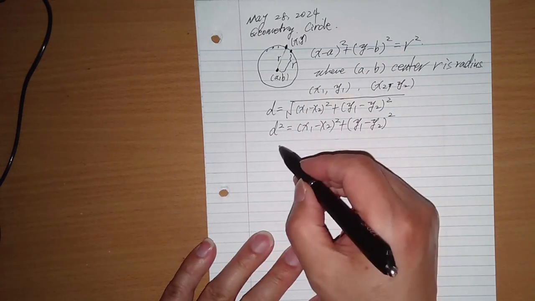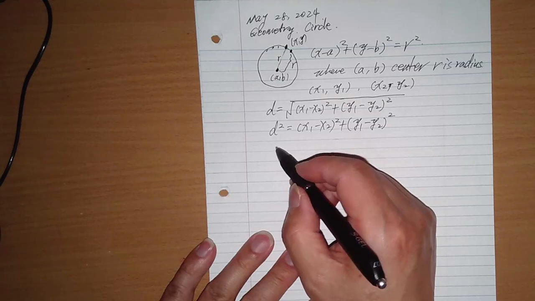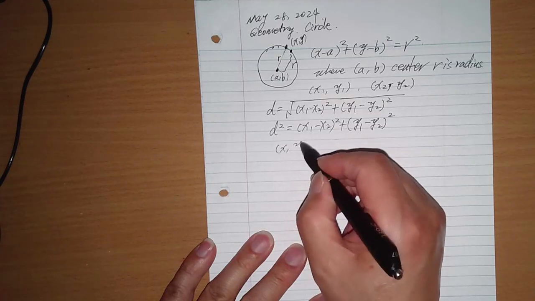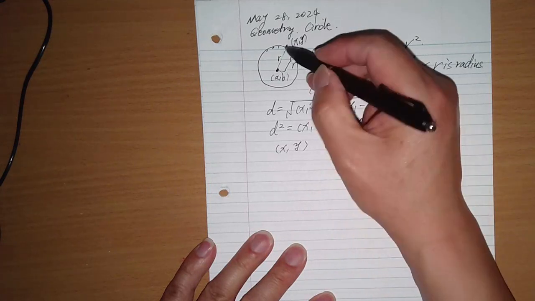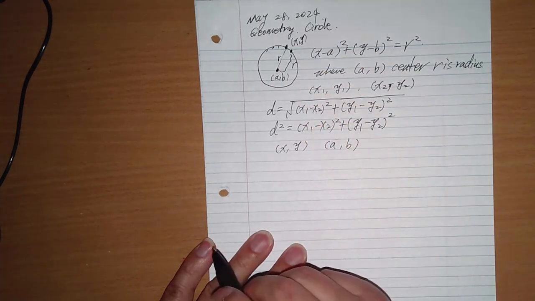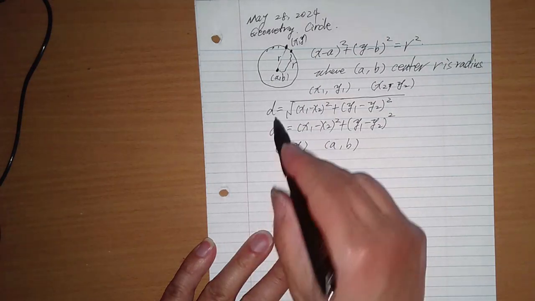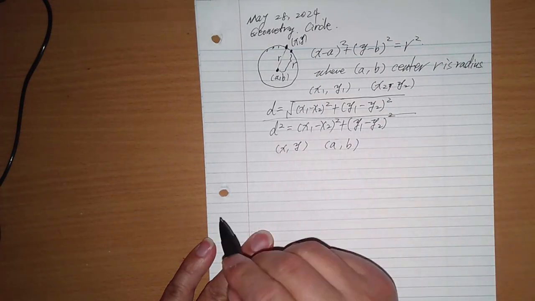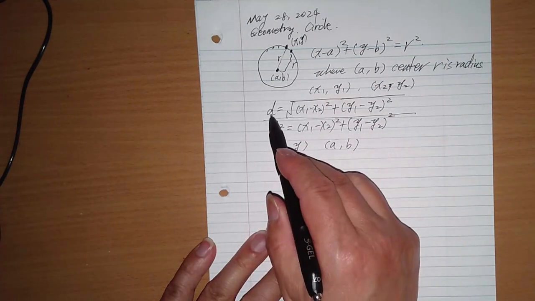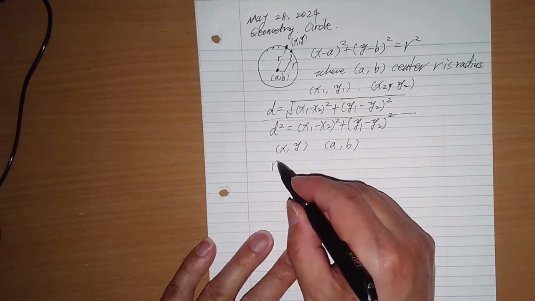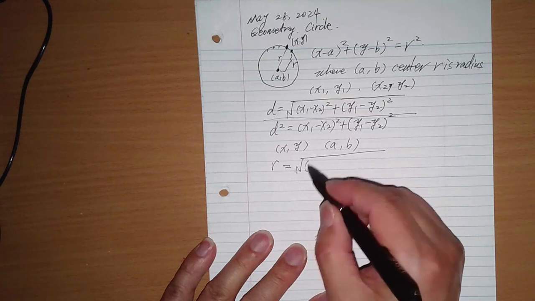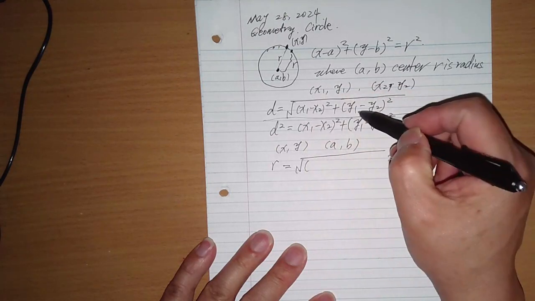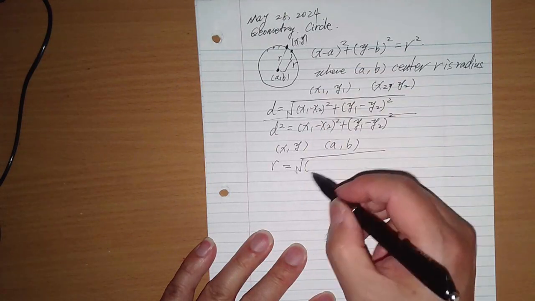So in other words, one point is going to be x, y, another point is going to be a, b, and the distance between them is r, right? So if we plug into this equation, the distance d will be replaced with r, and the square root of x1, y1 will be x, y in our case, right?